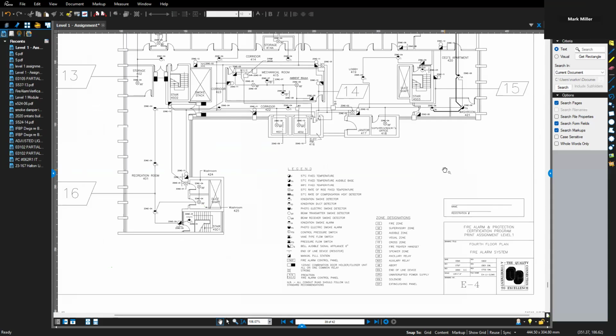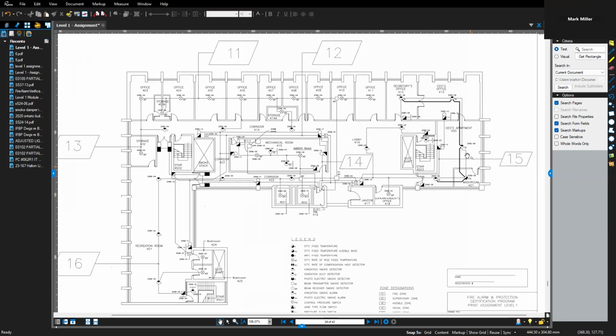And we talked about that when we were talking about our initiating device, the sounder bases. And that's our interconnection. Right? If this device here activates, then all of these interconnected devices are going to activate just like smoke alarms.